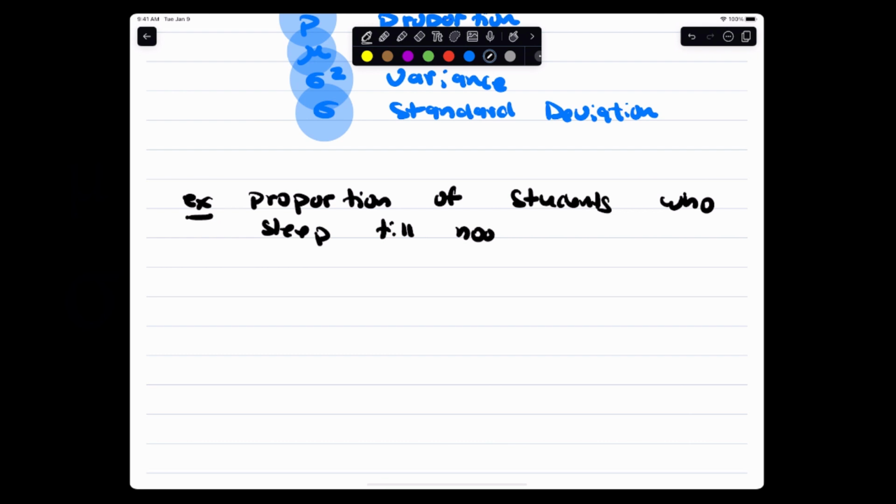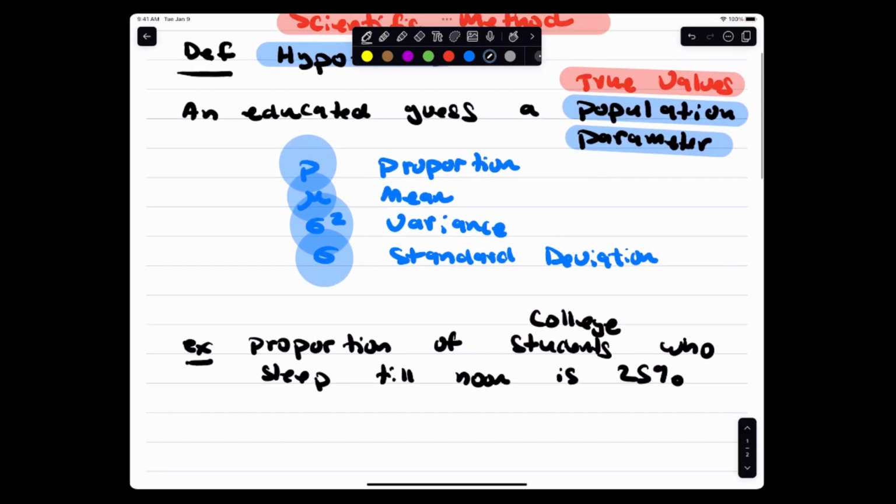I'm not saying this is you guys. The proportion of college students who sleep till noon is, what do you guys think? Any college student sleep till noon is about what? Is 25%.